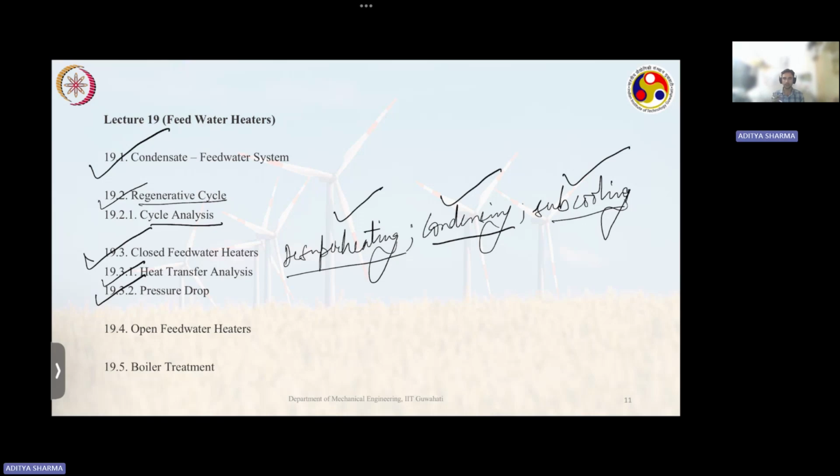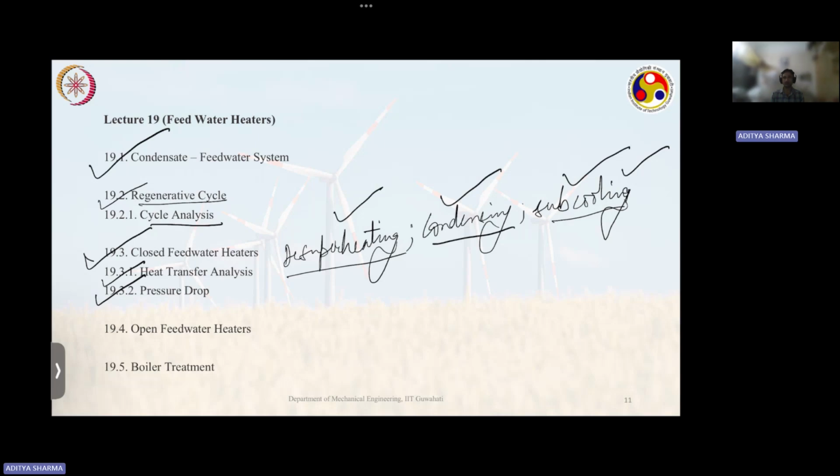From the saturated line, we want to move it towards left. Okay, so that is your subcooling. We further want to cool it down. So this is your subcooling, right?